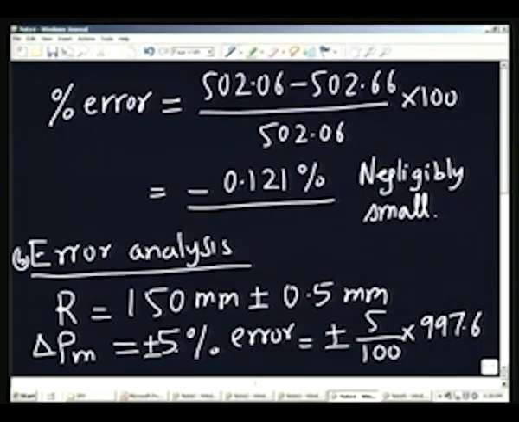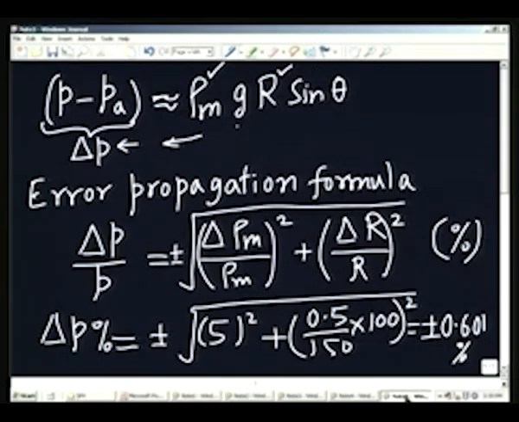So, let me just correct it, not 5%. Actually, it is 0.5 by 100 into 997.6. So, the point I was making at that time was with respect to 0.5%. I should have said that 0.5% itself may be too big to expect in this particular case.